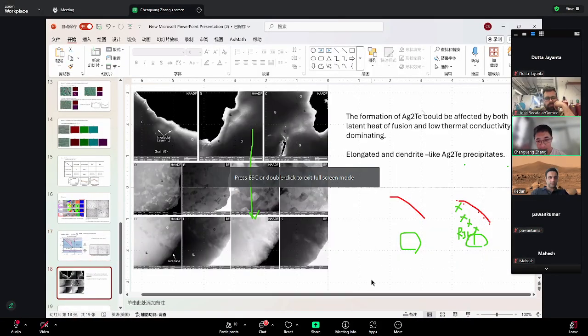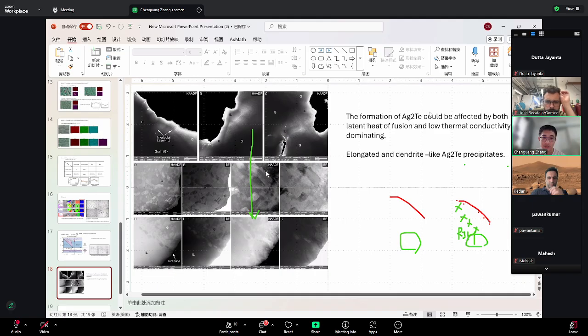The next slide is about this. If we only look at the pure silver antimony telluride from the quenching state in our previous experiment, one might see that there are a lot of silver telluride precipitates inside our matrix.